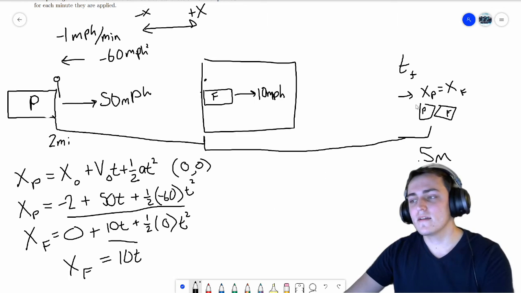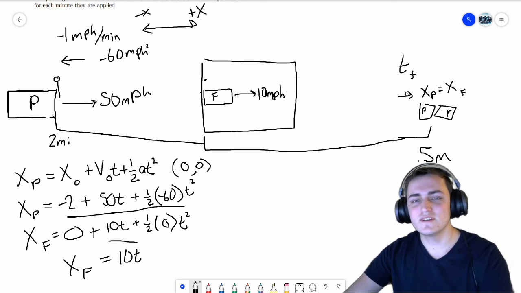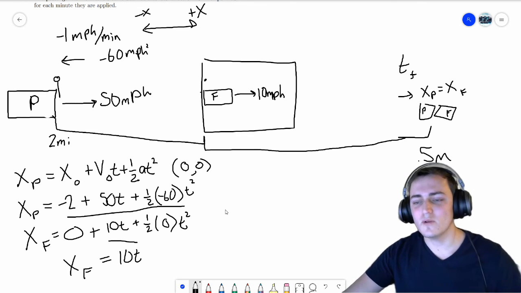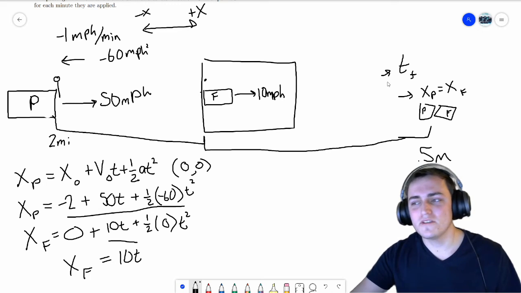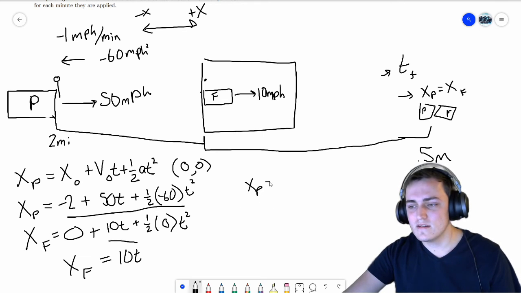Now, if you remember back where we first started, we said that the position of both trains was equal at the final instant, at t final. It's important to note that this is only at t final. We don't know what t final is, but if we make them equal to each other, we have to be really clear that x sub p equals x sub f at t final.